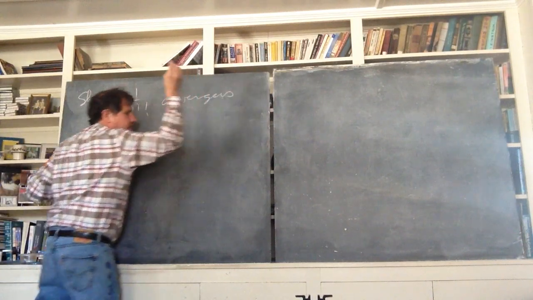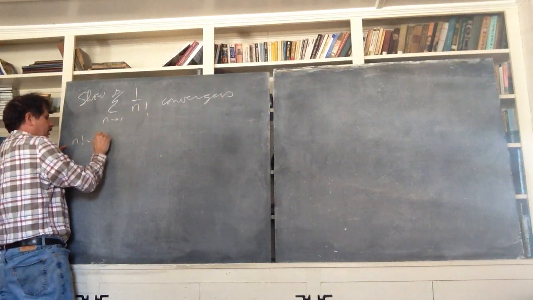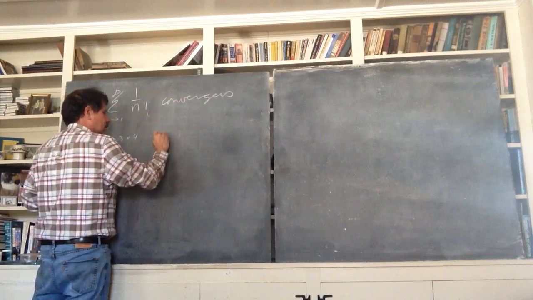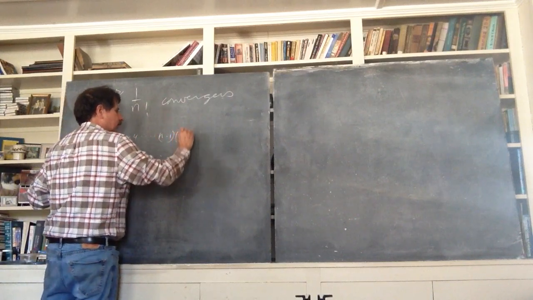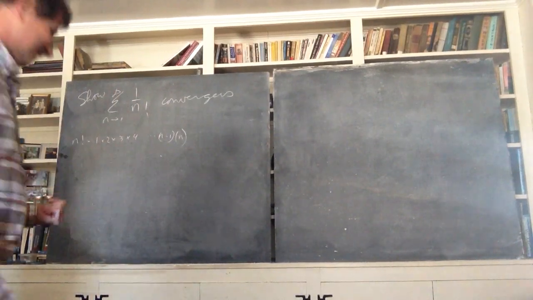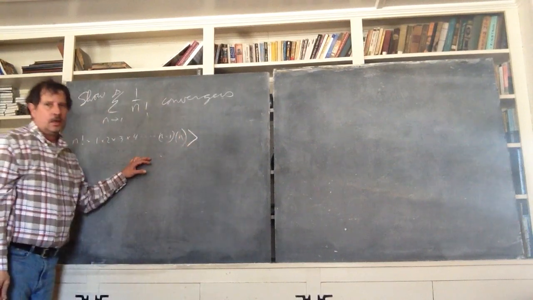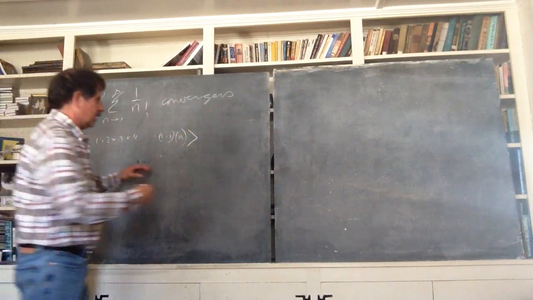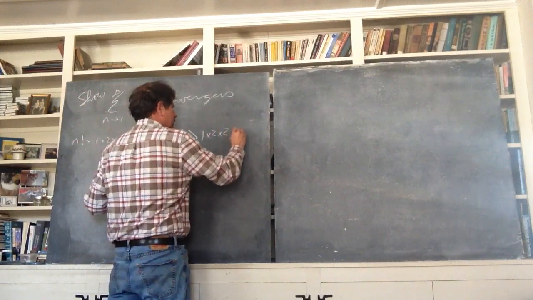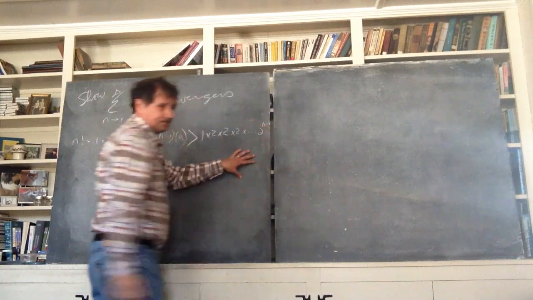In order to do that, I pointed out n factorial was 1 times 2 times 3. And now here's where I made a mistake. This is strictly greater than a function I'm going to make up, which is 1 times 2 times 2 times 2, and this would be 2 to the n minus 1.